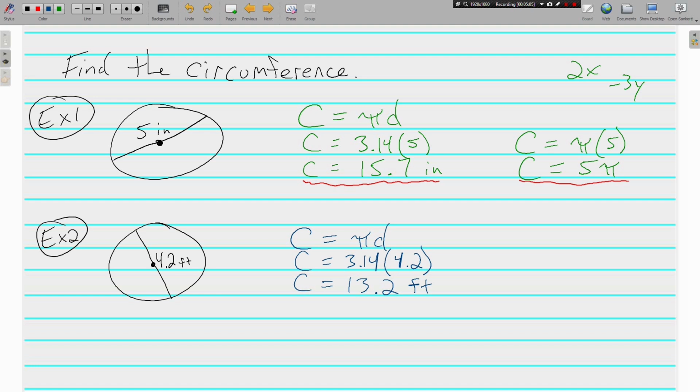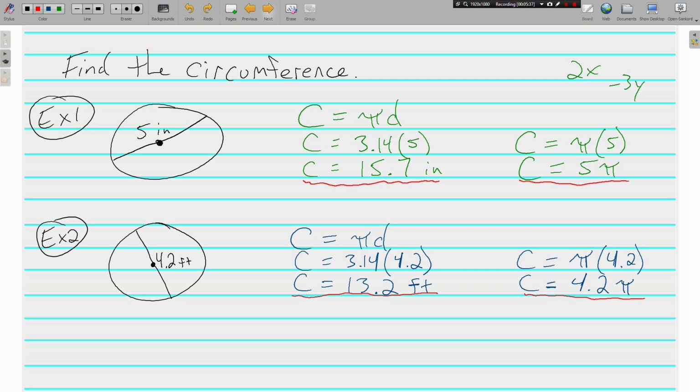Our answer in terms of pi, we leave the pi symbol. Diameter was 4.2, but we just rewrite it so that the number part comes before the pi. Two different ways to write the answer: rounded to the nearest tenth and in terms of pi.